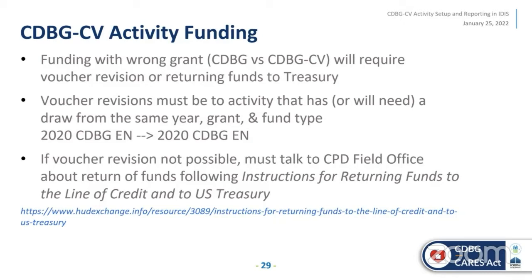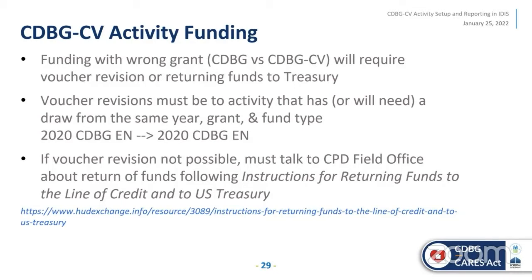So if you are doing a voucher revision, the very first thing you want to see, if that's possible, is that you're only switching, or forwarding, money from one grant type to the same grant type, which would be the same year, same CDBG, and that fund type, EN.